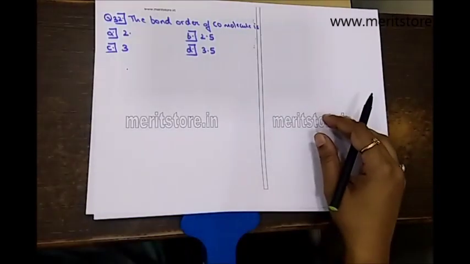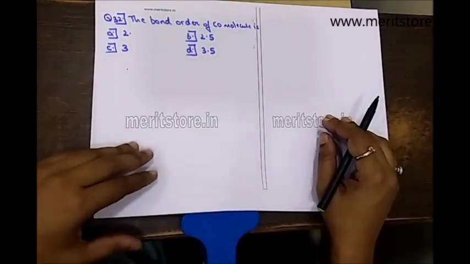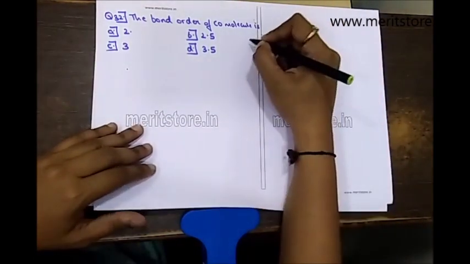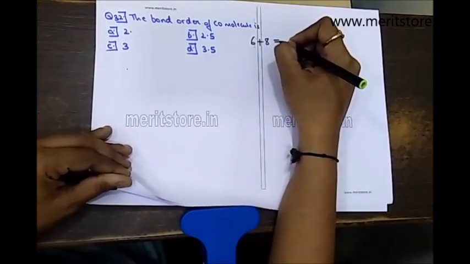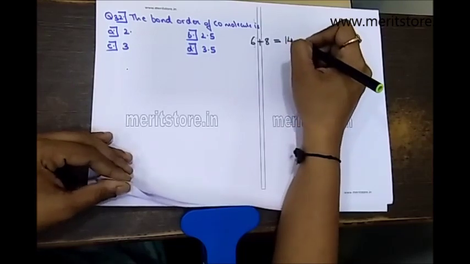Next, question number 32, we have to calculate the bond order for the CO molecule. Now carbon contains 6 electrons plus 8 electrons from the oxygen, that will make 14 electrons.